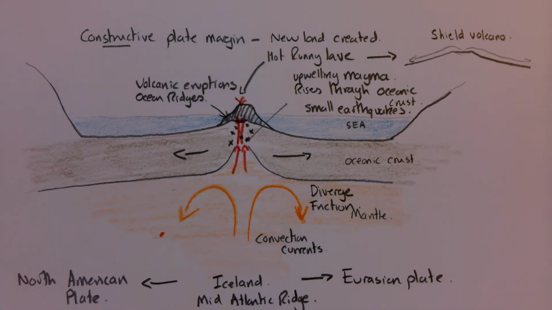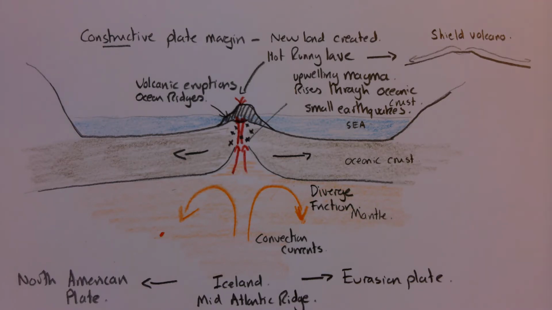Well done, magma, and we can describe that as upwelling magma. What forms at the surface where the magma rises through the crust? Good, volcanoes. And what other tectonic activity might we expect to find at constructive plate margins?